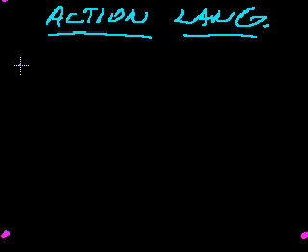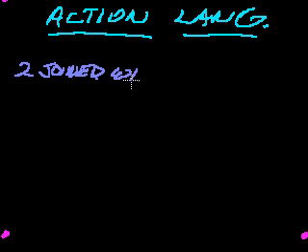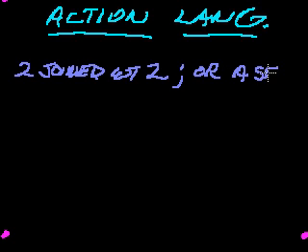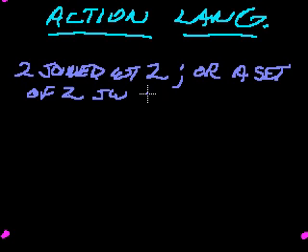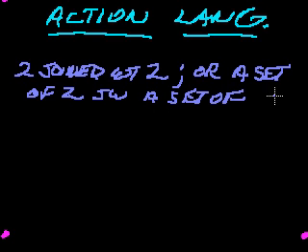It really should look like this in your mind: 2 joined with 2, or a set of 2 joined with a set of 2. Make sense? Sure it does. That's our addition problem right there.